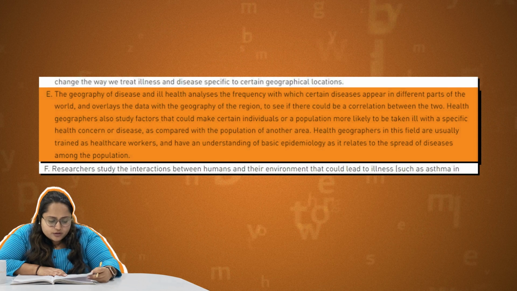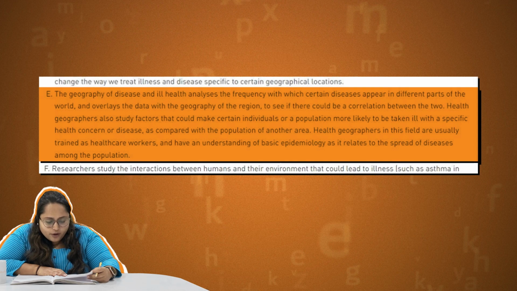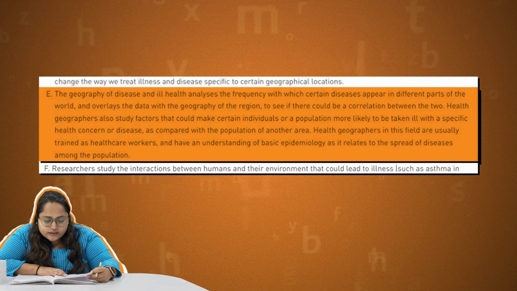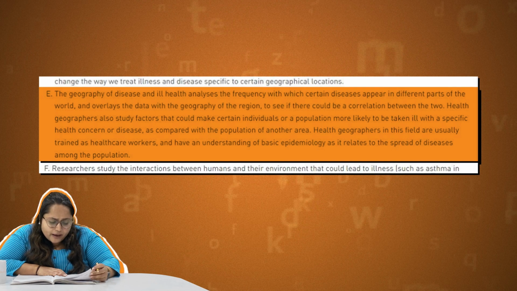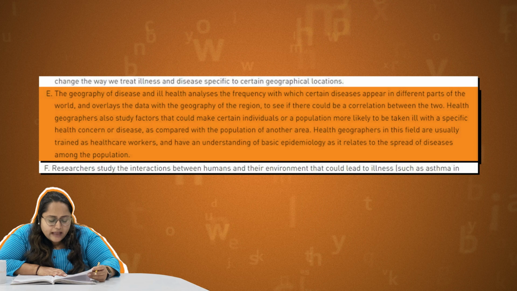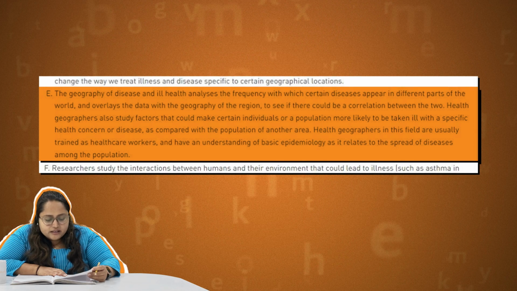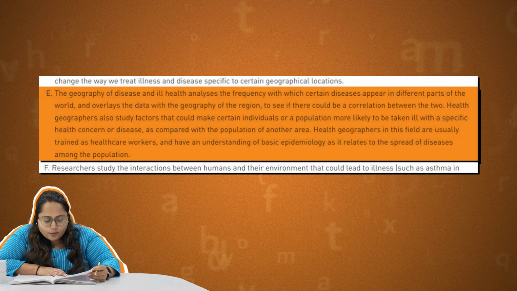Health geographers also study factors that could make certain individuals or a population more likely to take ill with a specific health concern or disease as compared with the population of other areas. Health geographers in this field are usually trained as healthcare workers and have an understanding of basic epidemiology as it relates to the spread of diseases among the population.